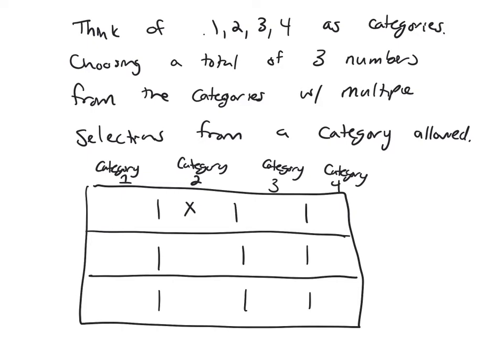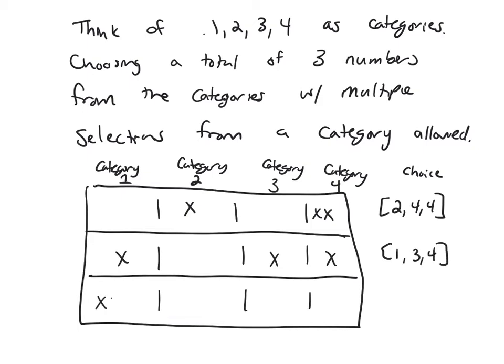I need to make 3 selections in total, and 2 from category 4. What does this correspond to? It corresponds to the multi-set 2, 4, 4. You selected 1 two, and 2 fours. Or let's say I choose 1 from category 1, 1 from category 3, and 1 from category 4. That represents the multi-set 1, 3, 4. Or I could have selected them all from the first category. That would be the multi-set 1, 1, 1.